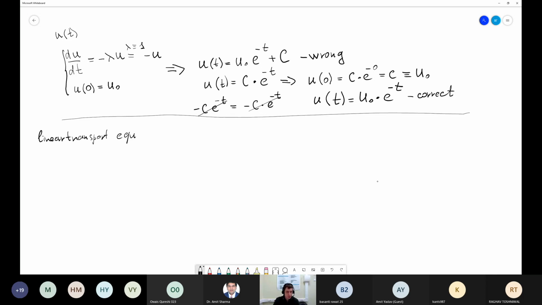What does it mean? We have some unknown function q. In the trivial case, we have the dependence on x in 1D and t. And the equation is dq over dt plus a positive value lambda times dq divided by dx is equal to 0, if we have the homogeneous equation.